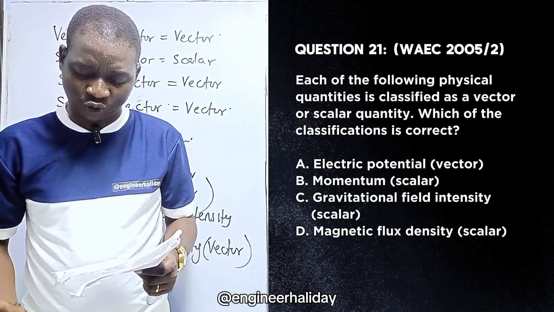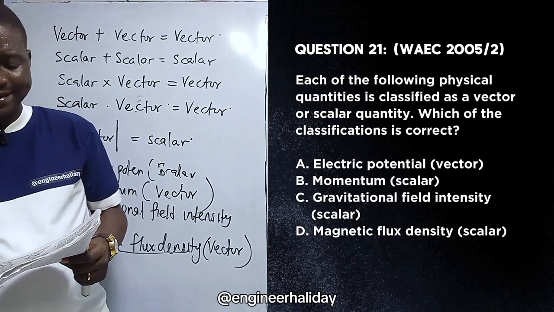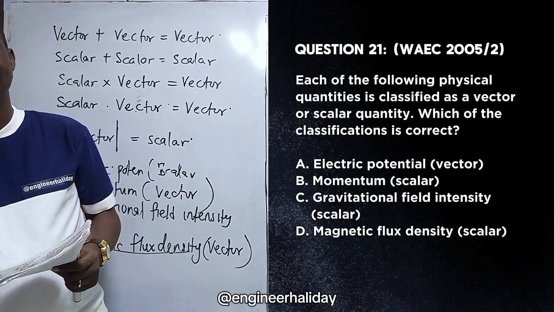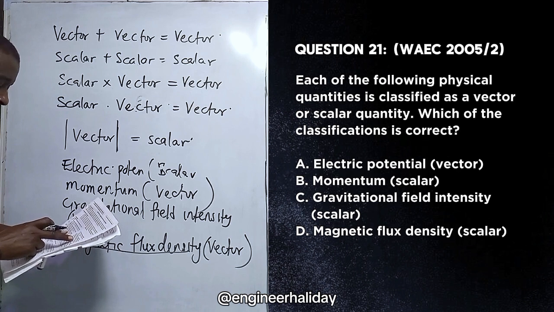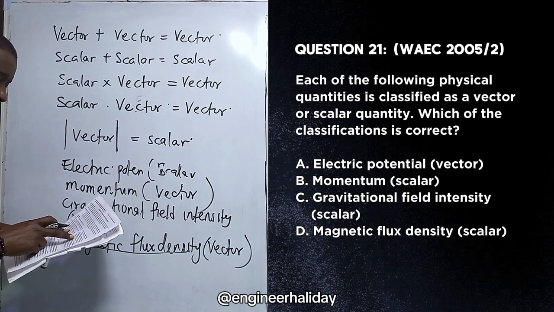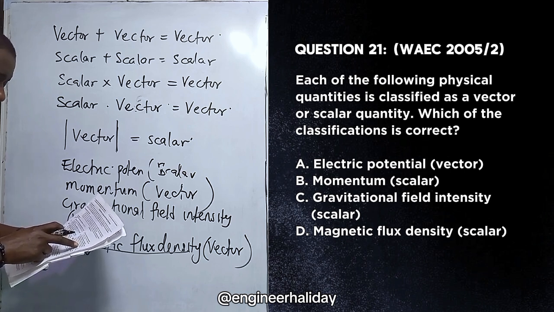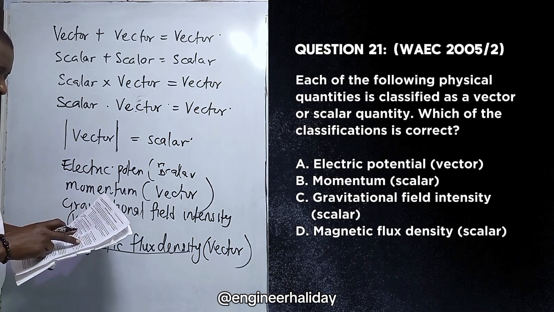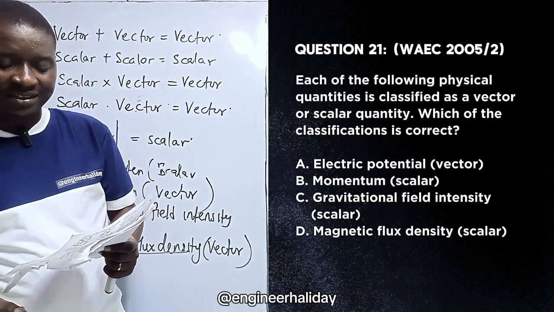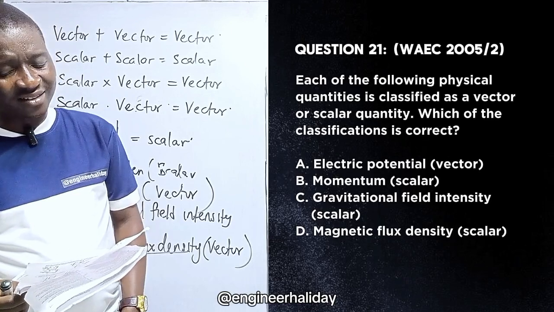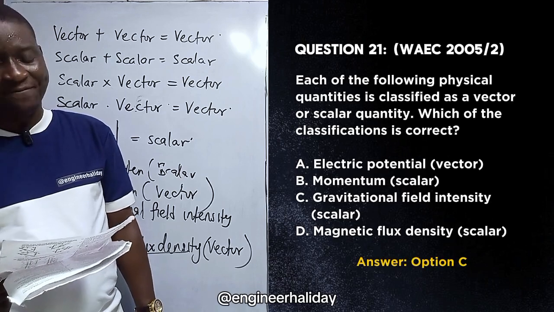And D says magnetic flux density scalar, no. If I want to go for the answer there, I will say gravitational field intensity is a vector.